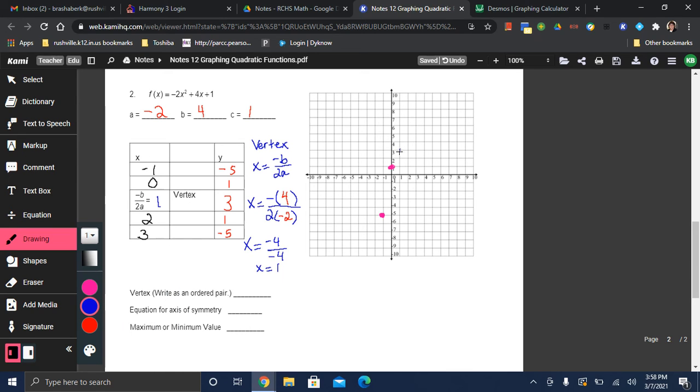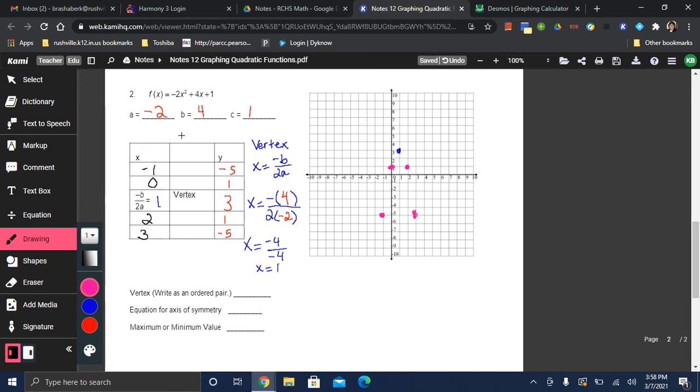So 1, 3. 2, 1. So x is 2, y is 1. Now you should start seeing the symmetry. And 3, negative 5. And again, you should see the symmetry of the points.